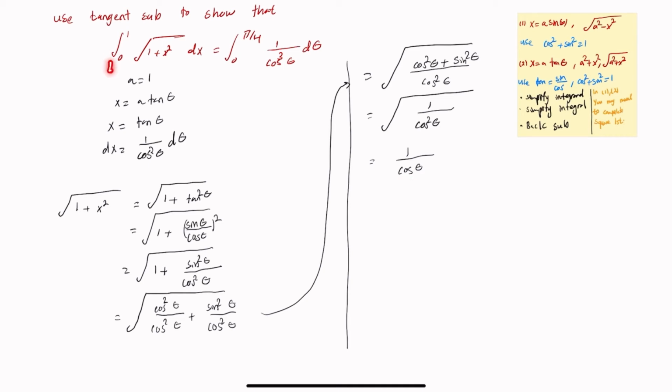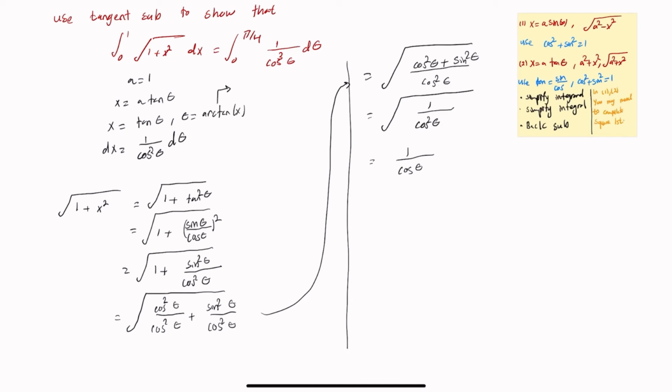Note in here we also need to change the limits of integration using the tangent substitution. So we're going to use x equals tan of theta. First we need to solve for theta. So theta is going to be equal to the arc tan of x.